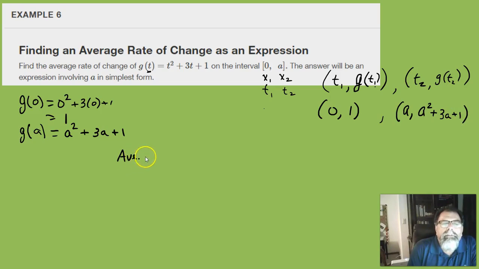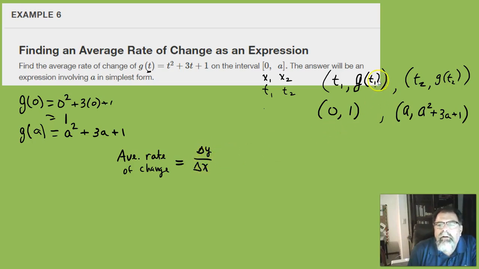So our average rate of change is equal to change of y over change of x, meaning the output over the input.